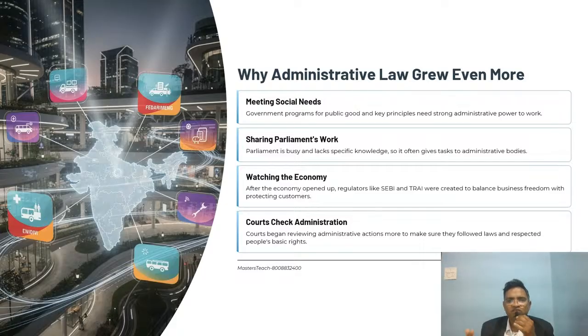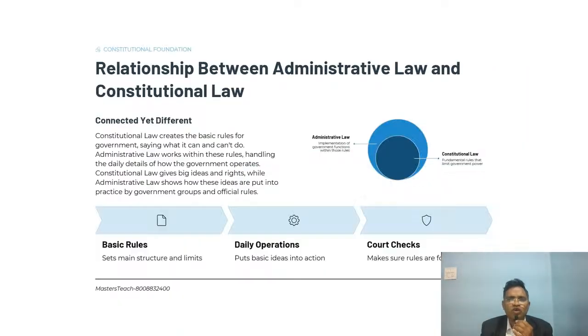Parliament is busy and lacks special knowledge, so it gives administrative law powers to certain bodies, which look into the economy and also check the administration. So what is the relationship between administrative law and constitutional law? Constitutional law is the parent, whereas administrative law is the child, so they are interconnected.